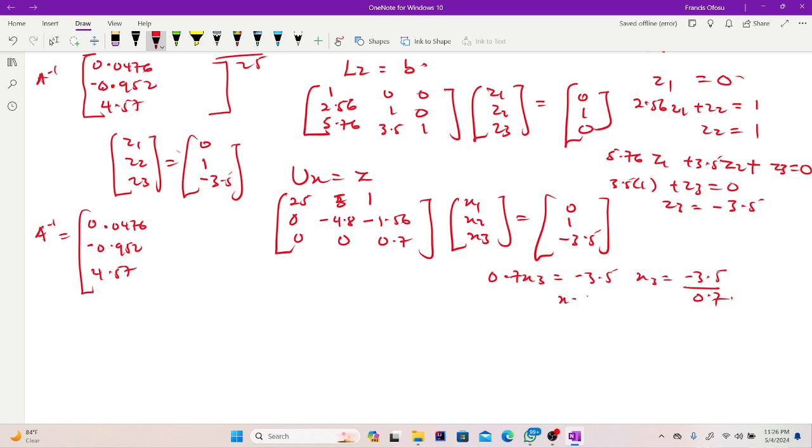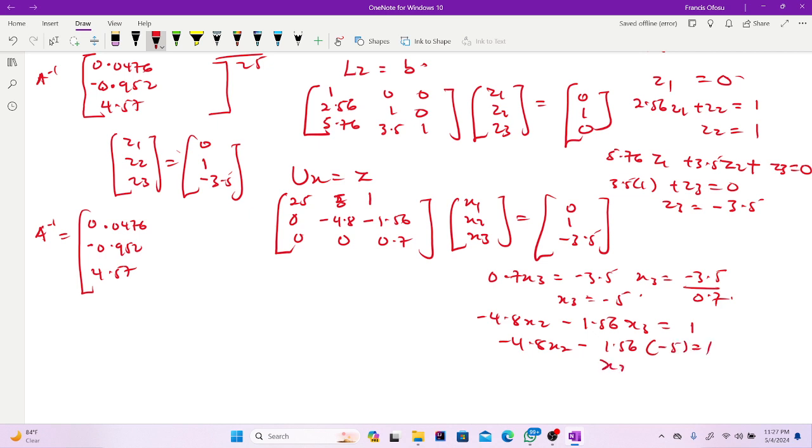So x3 is equal to negative 5. We go again with this. So negative 4.8 x2 minus 1.56 x3 is equal to 1. So negative 4.8 x2 minus 1.56 times negative 5 equals 1.